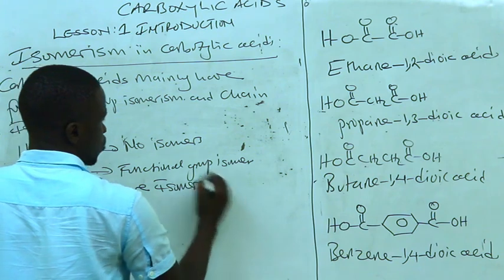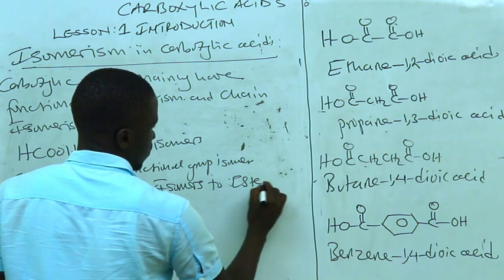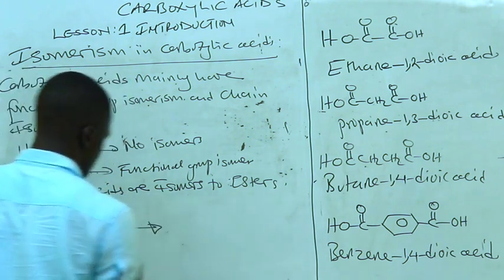They are isomers to a compound called esters. And in this case, if you had ethanoic acid, then we must find a way of generating the structure of an ester isomer here.